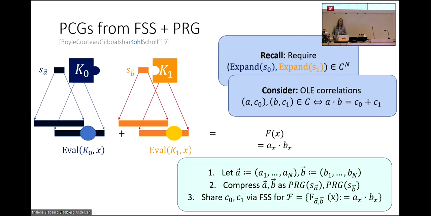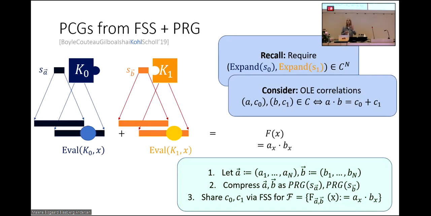And so I hope it's easy to see that we have correctness. I can actually use this. Because we have this plus this, so this will be C0, this will be C1, and this at the x position will be ax times bx. So that's exactly what we want.